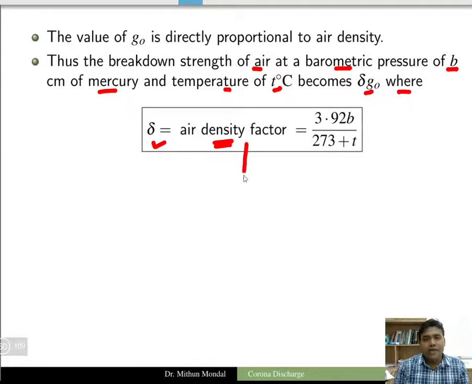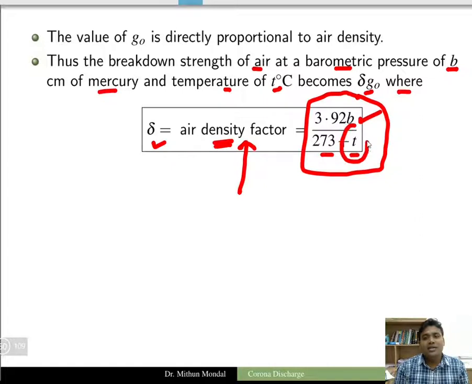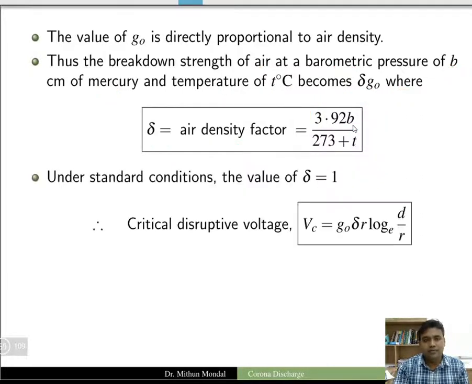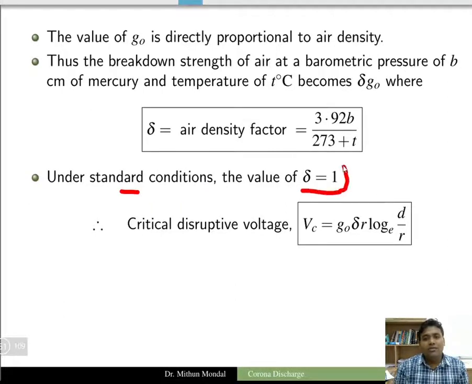This factor is given by 3.92 b divided by 273 plus t, where b is the atmospheric barometric pressure and t is the temperature in degree centigrade. Under standard condition, the value of delta is 1.